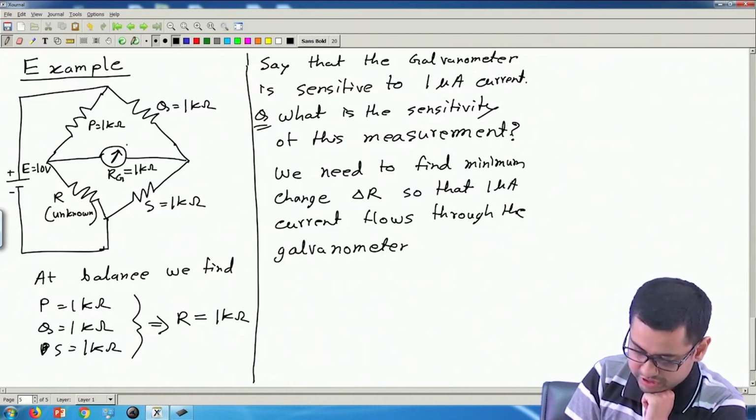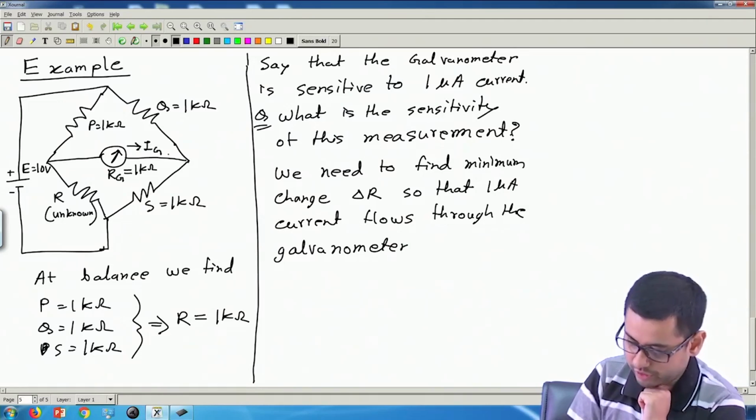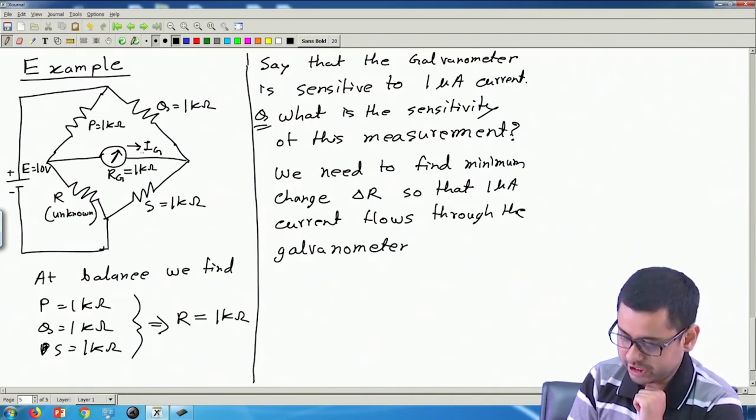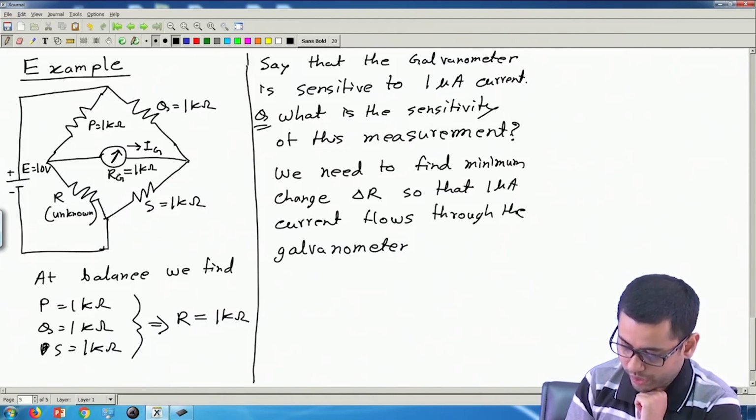If I call this current Ig, G for galvanometer, then we need to find out delta R such that Ig is equal to 1 microampere.